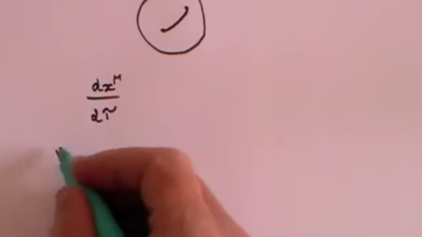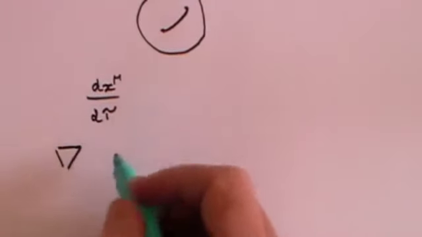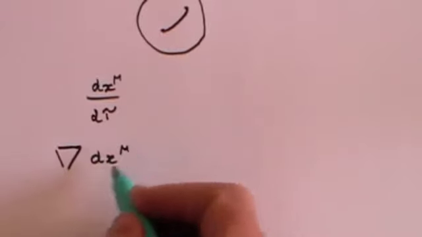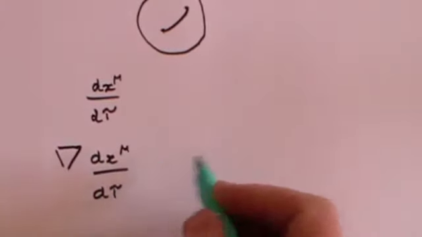Now, when I say take the derivative, remember we must always be cautious about derivatives in general relativity. We've already learnt that we can come a cropper if we take ordinary derivatives. We need to go for the covariant derivative. So let's take the covariant derivative of this tangent vector, dx mu by d tau.